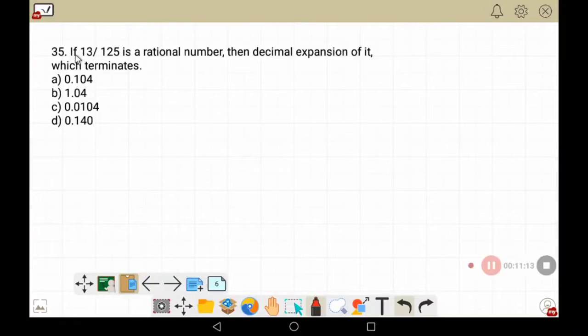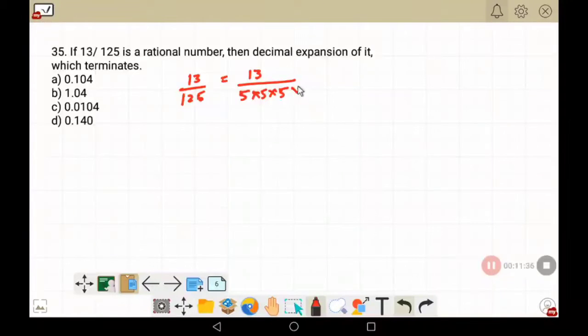Question number 35. If 13 upon 125 is a rational number, then find its decimal expansion. Students, it's very easy to solve this question. 125 is there. Look here, 13 upon 5 into 5 into 5.